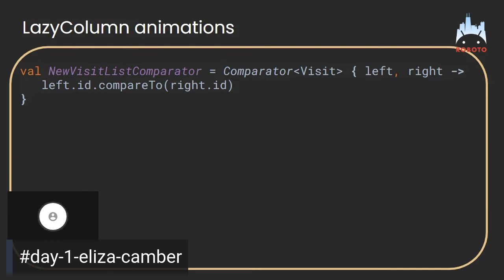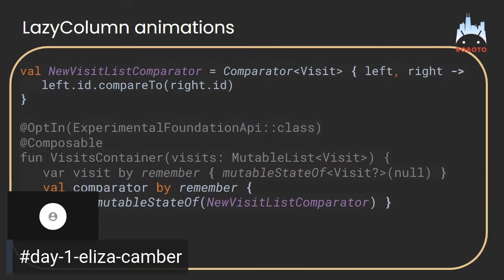So basically, we just need to tell our layout how to distinguish between each item. So each of our items over here has a unique ID, and this is one way that we can specify that this is number one, this is number two. And then we just use the comparator over here.